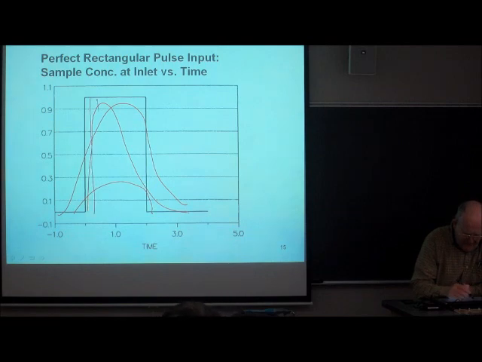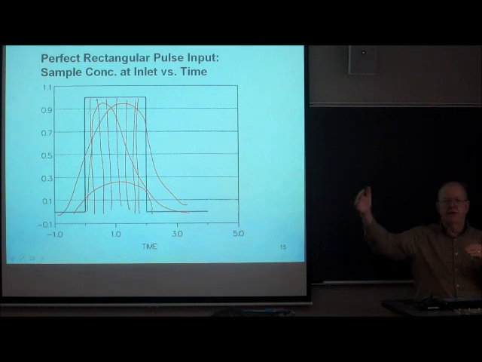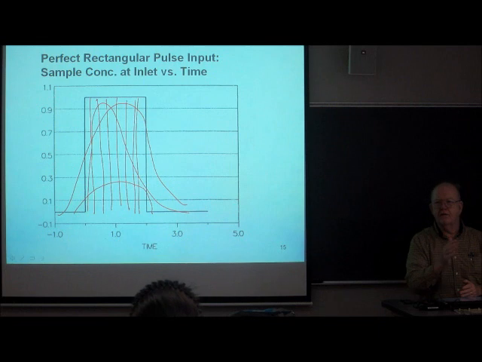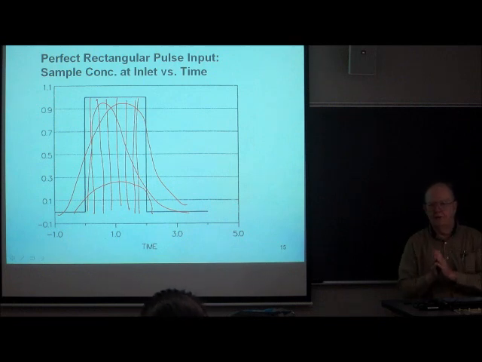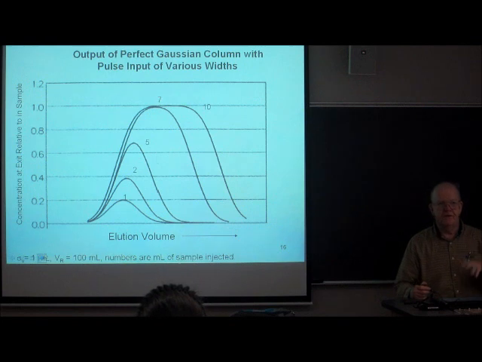Think of the column operating on a series of much narrower pulses, and the resultant is the sum of the response of the system to all of these individual narrower pulses. So I'm now showing you the result of an exact calculation. I'll show you the equations for this later. I don't want to show you the equations right now.